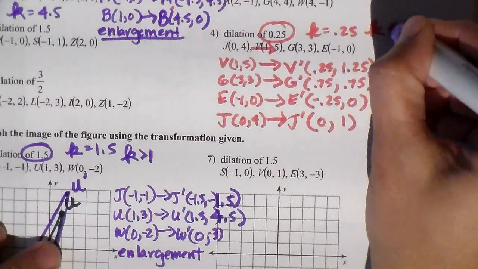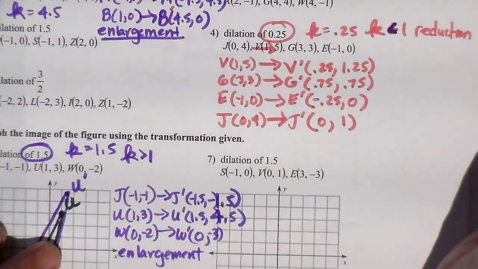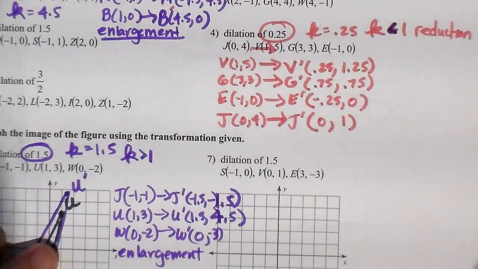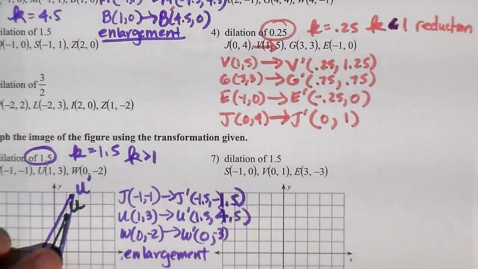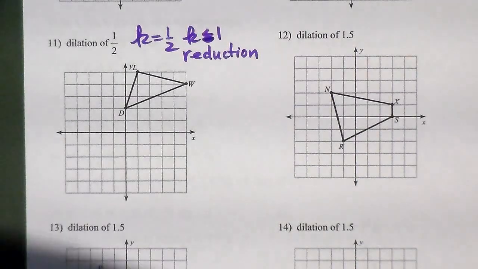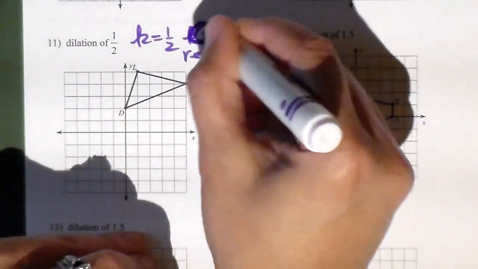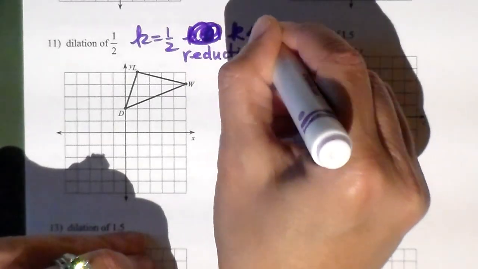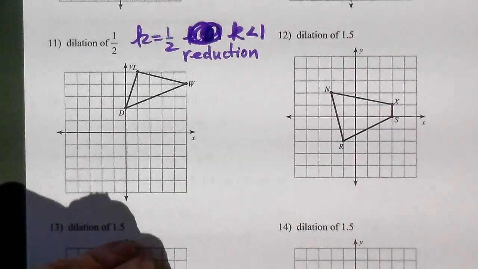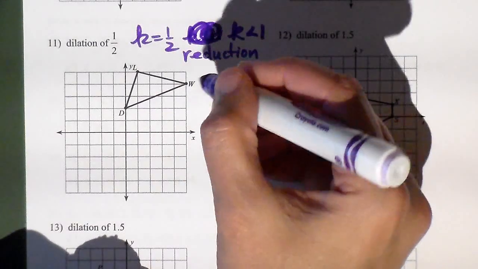This right here would be K is less than 1. Okay, not less than or equal to. That's my mistake. Because what happens when K equals 1? K equals 1 means that you're not changing the figure, right? Okay, so let me rewrite that. I'm real picky about having the correct notation. K is less than 1. We got a reduction.